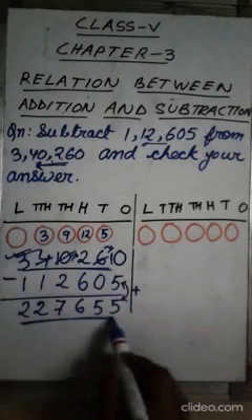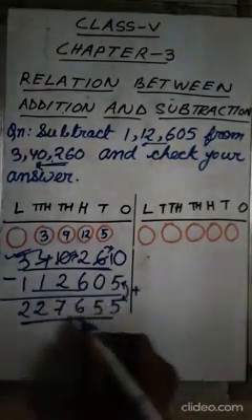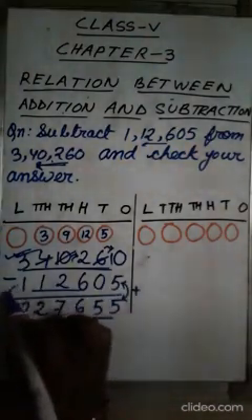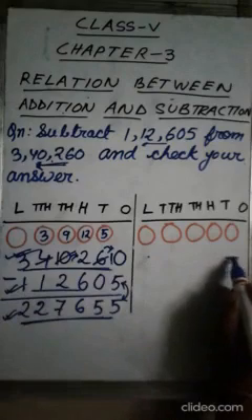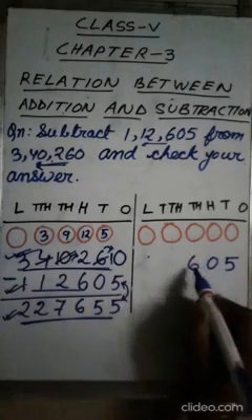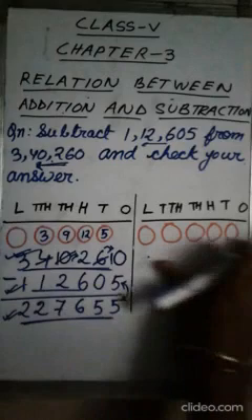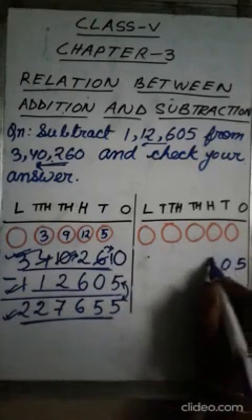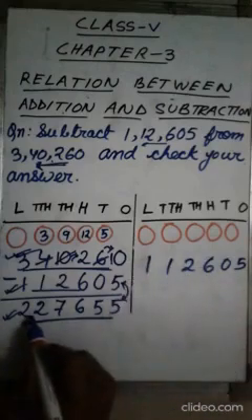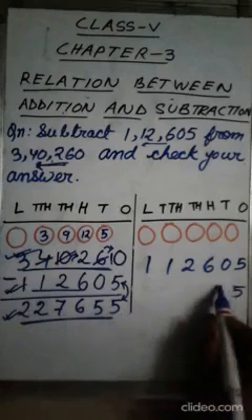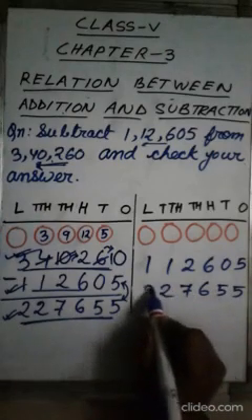I shall add this number and this number here, writing the numbers from the back side. 5, 0, 6, 2, 1 and 1, and this difference was 5, 5, 6, 7, 2 and 2.